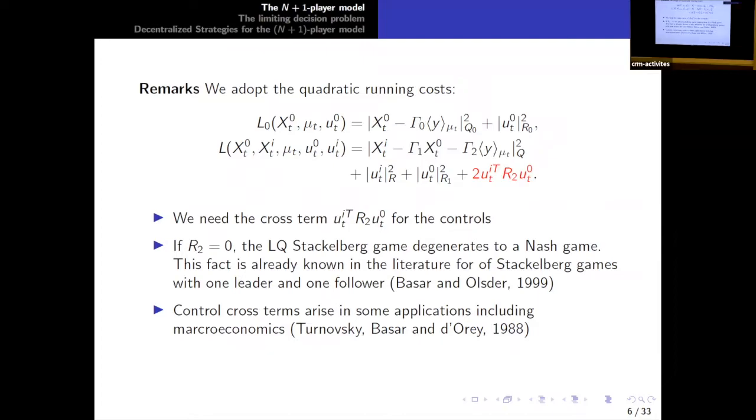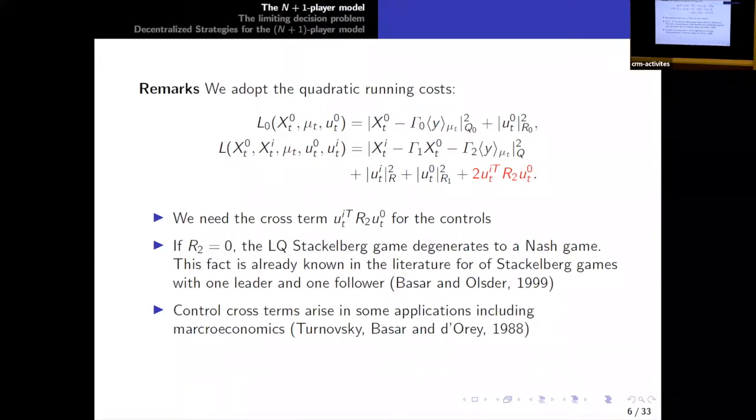This is a well-known fact in the conventional theory of Stackelberg games. When you just have one leader, one follower, you need this kind of cross term. We have some background about this kind of cost structure.